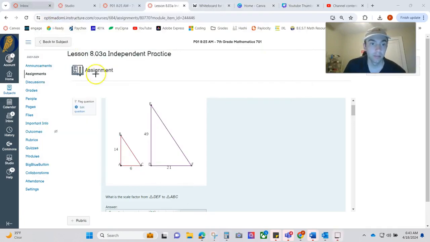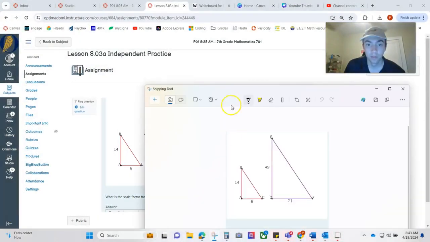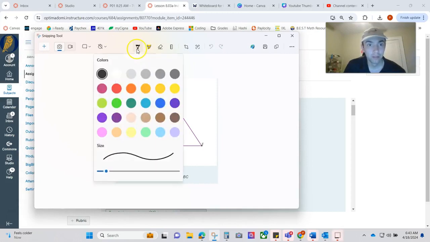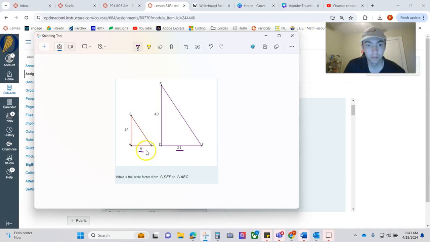Let's take a snip of this so we can draw. Scale factor is kind of like saying, what number do I multiply 21 by to get it to be 6? So 21 times what is 6?